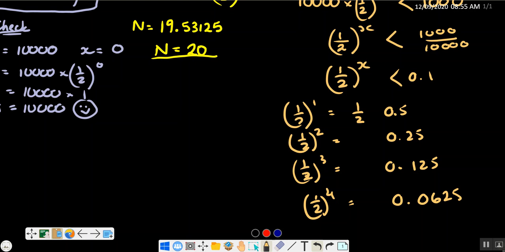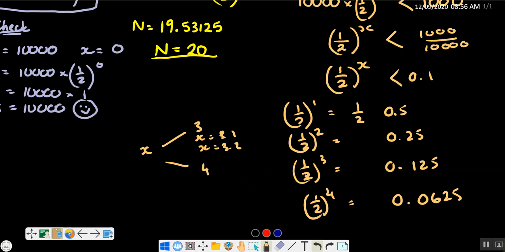But now we can go in between. So now we want to say where x is between 3 and 4. We could have said that anyway, right? That's the exact same result exactly as we had before. But we can say when x is 3.1, x is 3.2, we can do our trial.